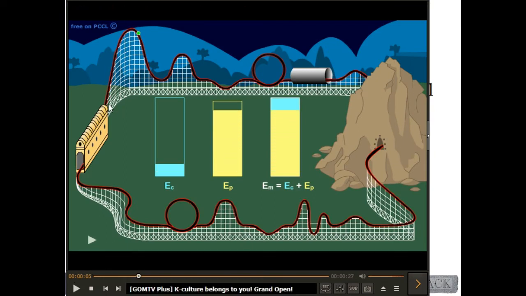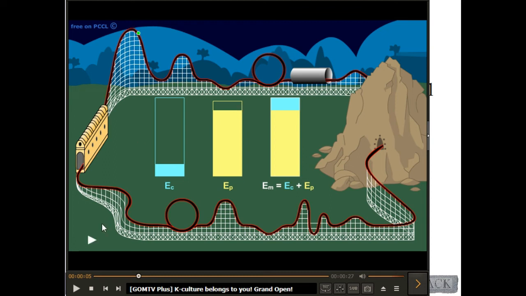So we apply a traction force to the trolley to go up the track to the highest point. Here, as we saw, the mechanical energy increased to a maximum value. But all that was what? Gravitational potential energy.